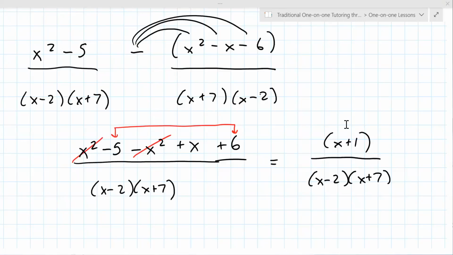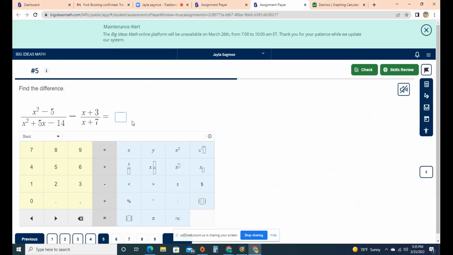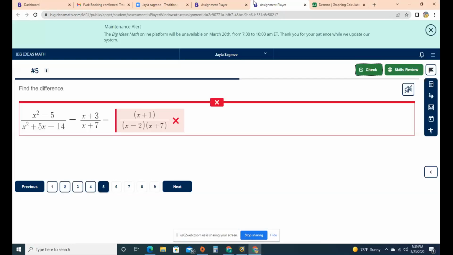It is saying it's wrong. Okay, let me see what you've got on your screen. All right, so let me check here again. I'm just going to scroll up and look at some things here. X plus 3, find the difference. Okay, so I see. I made a small mistake here on my side.